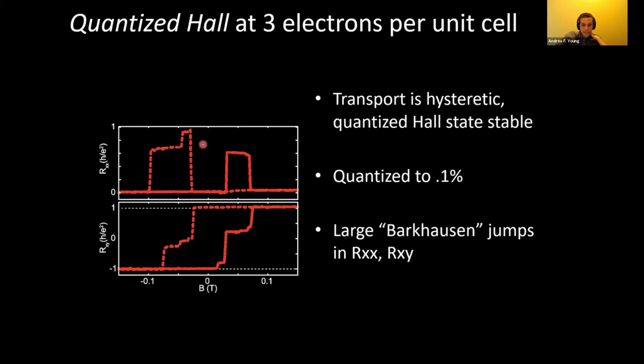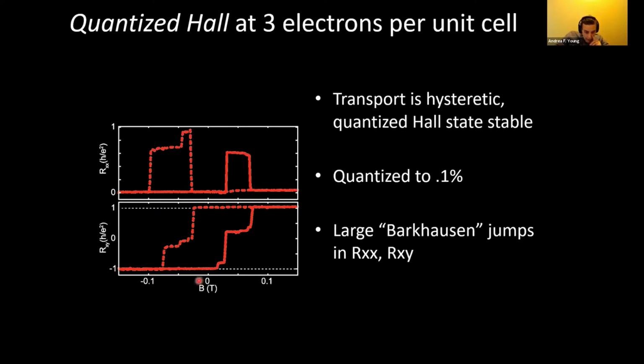So if you sit at that density and you sweep your magnetic field, you can see that there's hysteretic transport and that the RXX vanishes and that RXY is more or less perfectly quantized to its expected value for a quantized anomalous Hall state. So this is consistent with, at 3 electrons per unit cell, you are polarizing into a net 1 of these topologically non-trivial bands, corresponding, for example, to polarizing into one of the valleys.